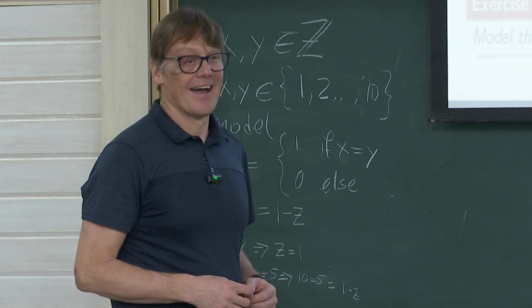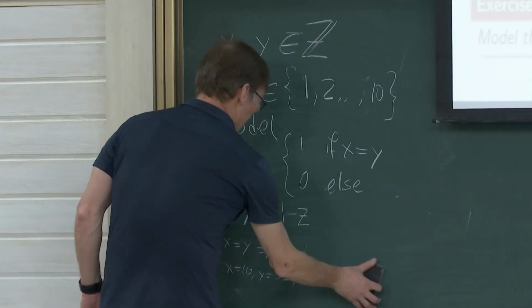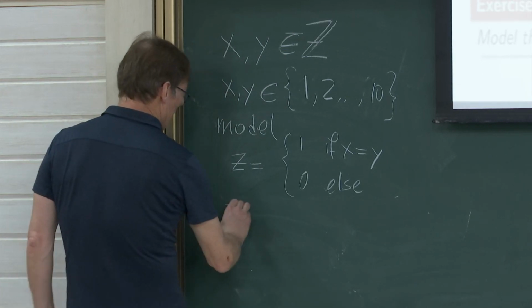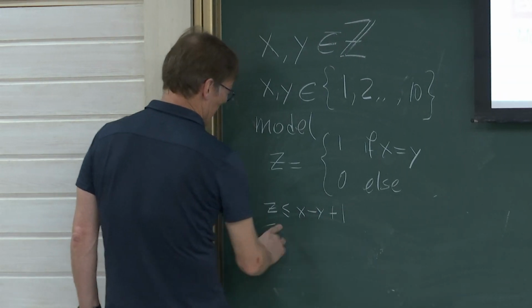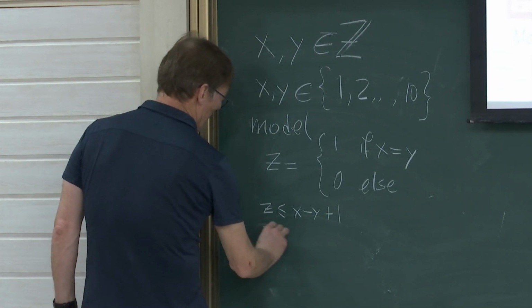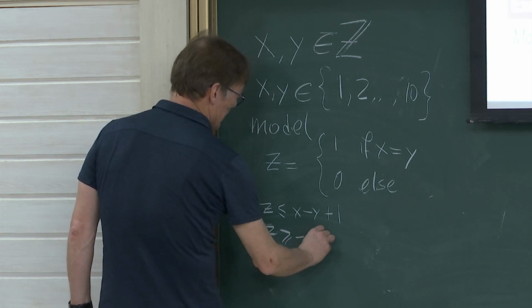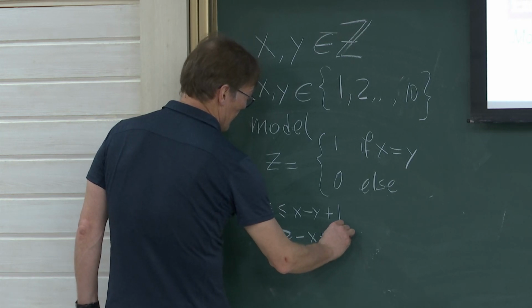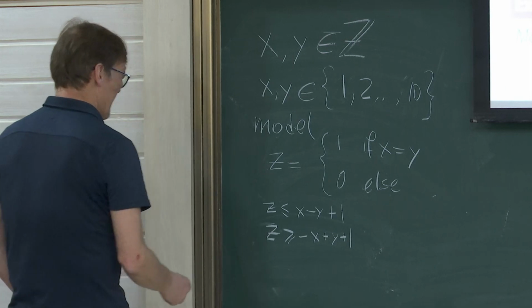z should be less than or equal to x minus y plus 1. Okay, let's try that. z less than or equal to x minus y plus 1, and z should be greater than or equal to minus x plus y plus 1. Okay, this looks good. Let's check it.